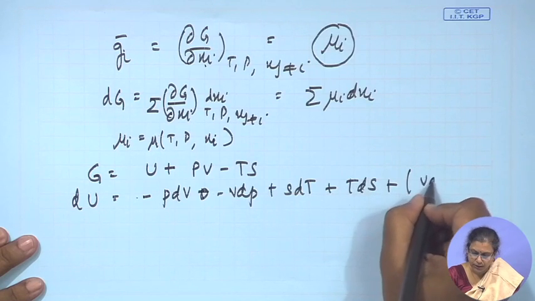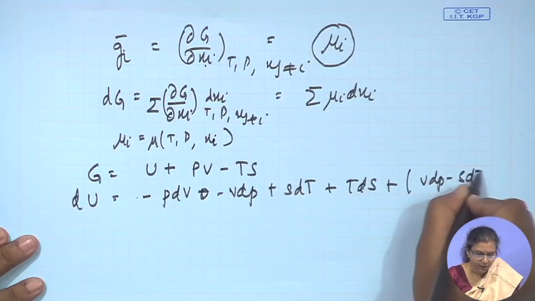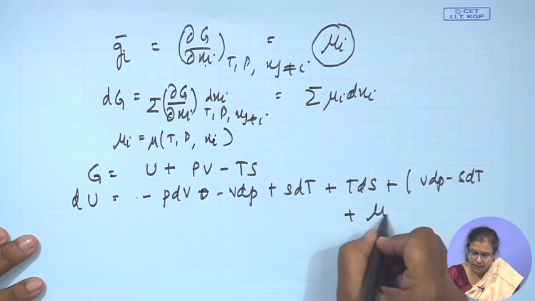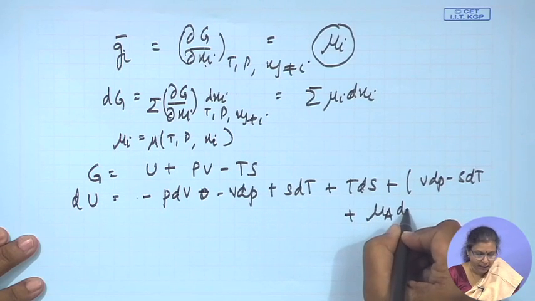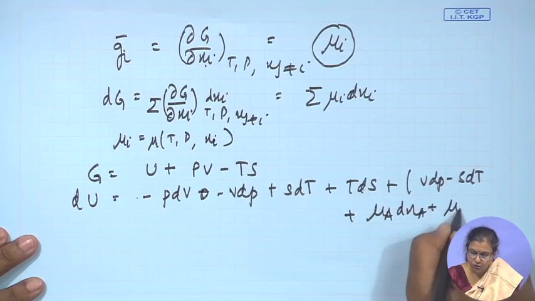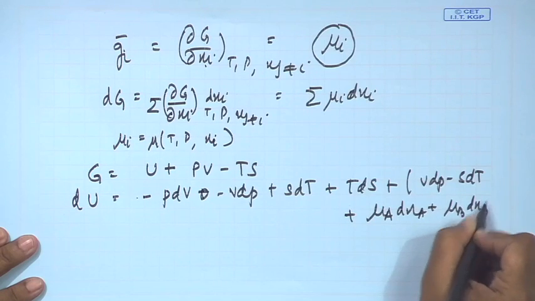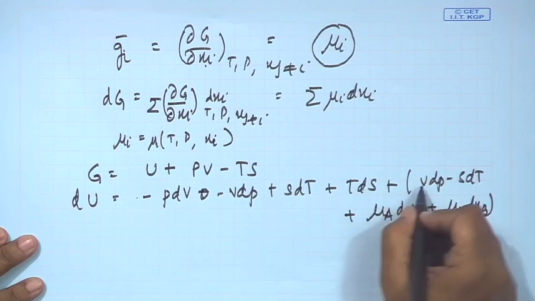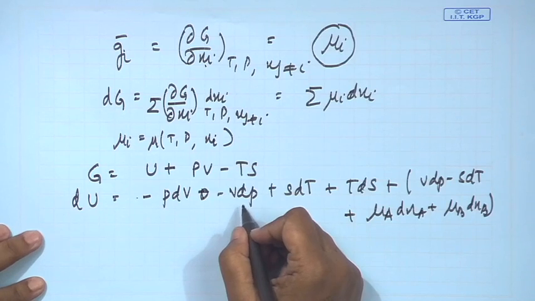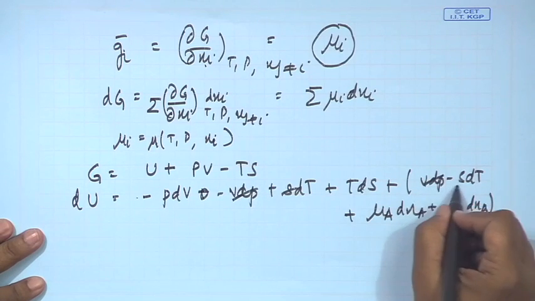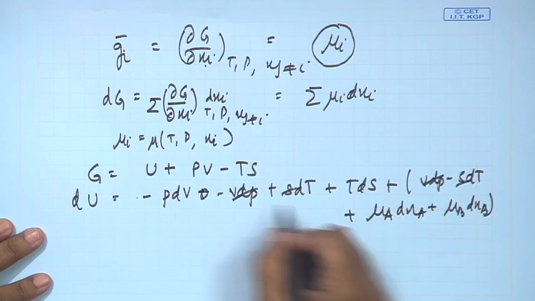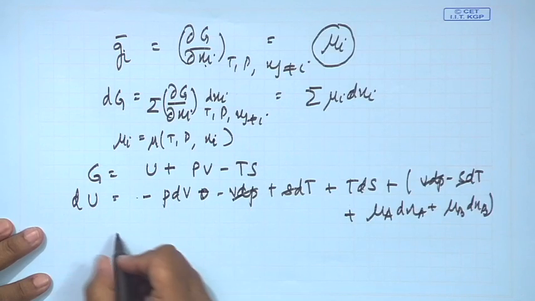So, therefore, for dG we have V dp minus S dT, plus if it is a binary mixture, we have just two terms, mu 1 dn1 and mu 2 dn2. Agreed. Now if we cancel out these terms, then in that case what do we get?